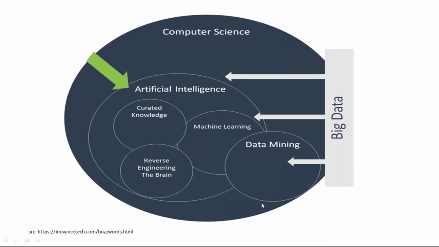The entire machine learning is a part of artificial intelligence. So when I say I am building an AI machine, or modeling an AI application, that would involve machine learning, and the collection, curation and maintenance of all the knowledge related to that domain.